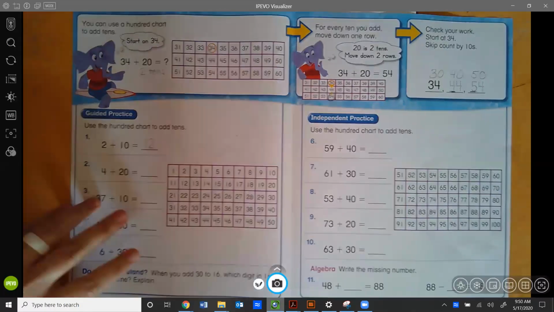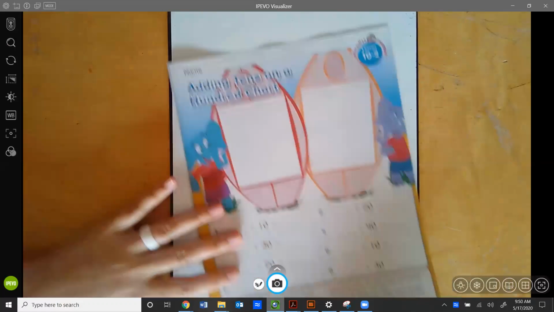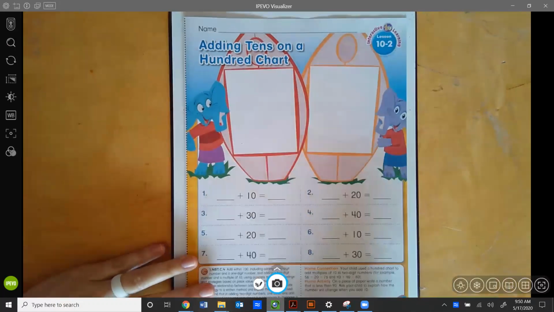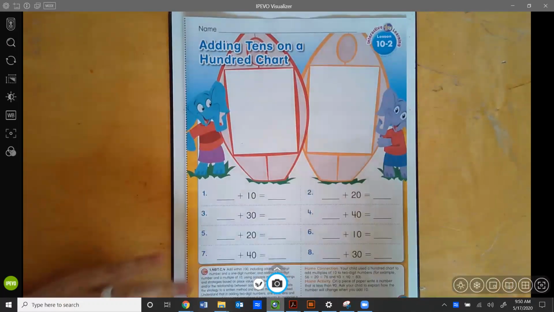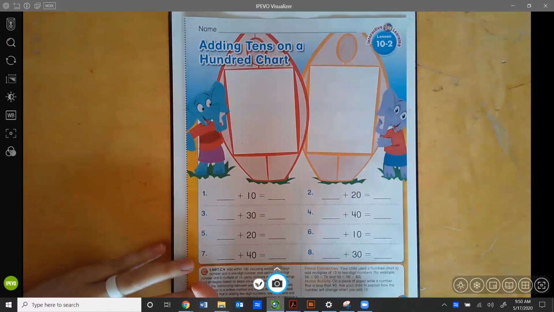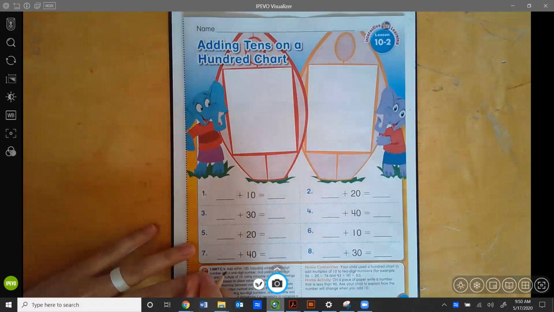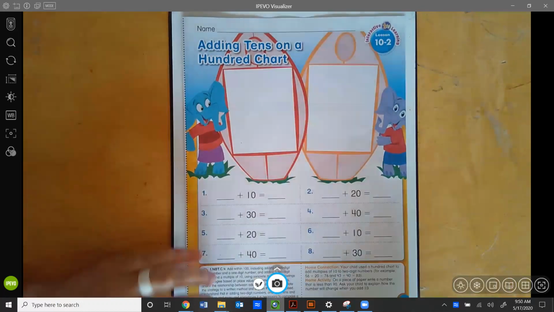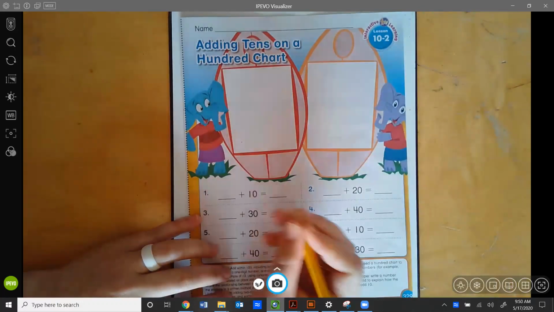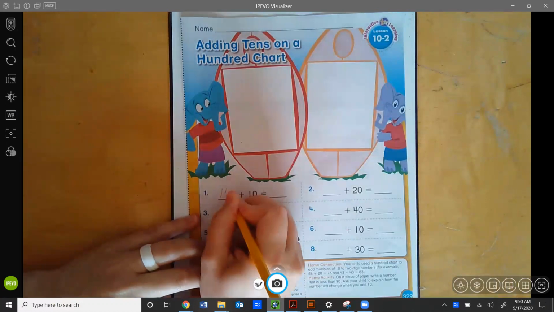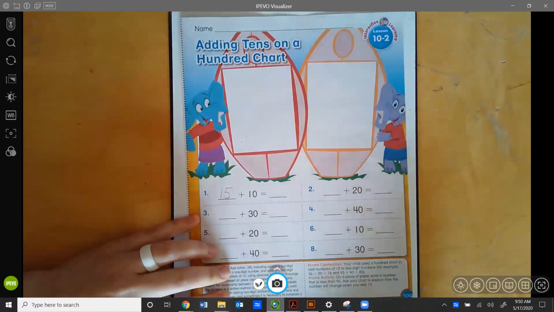and let's flip back to the front page. On the front page, what you can do is actually after you've done the work, you can come back to this and then make up your own problems. So maybe for number one, I want to say, let's see here, 15 plus 10.